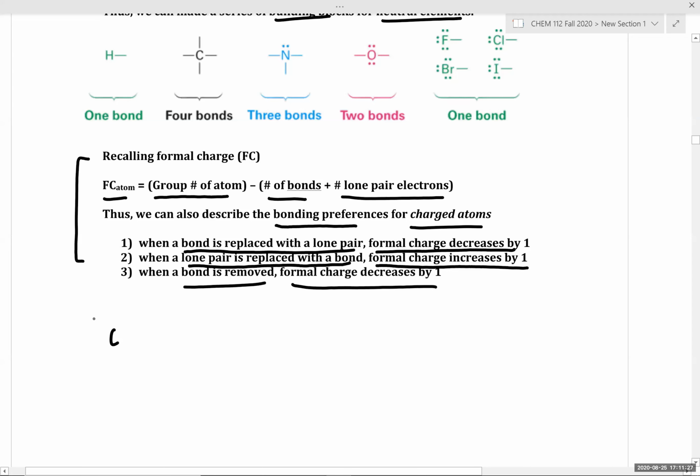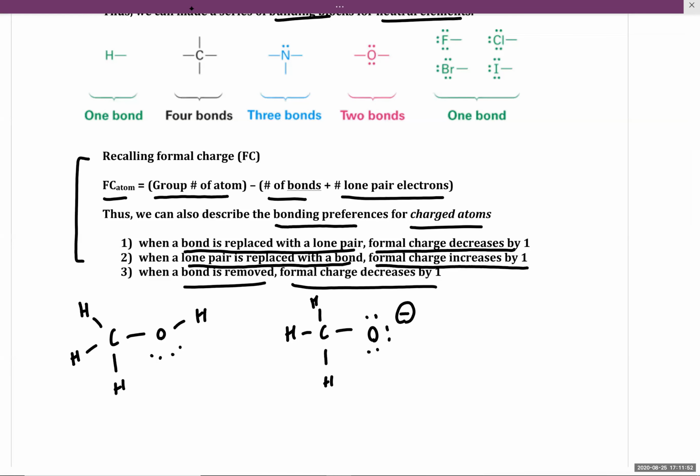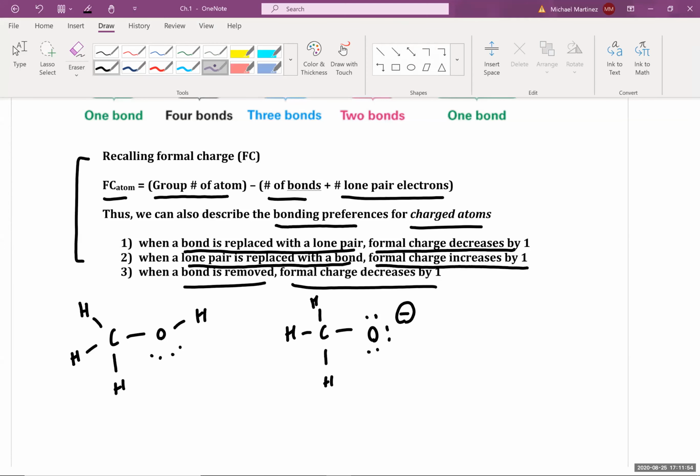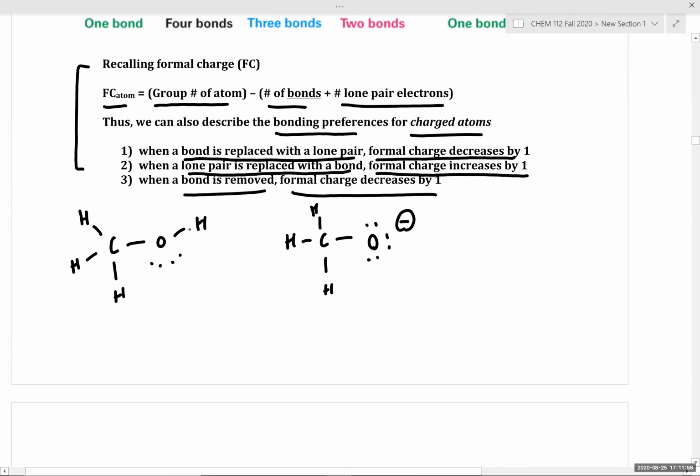Let's suppose we're looking at the following structure. This is the structure for methanol, for example. If we compare this generalized structure for methanol to the generalized structure for methoxide, what we notice is that when we calculate the formal charge for our oxygen atom, we've in effect replaced a bond with a lone pair.